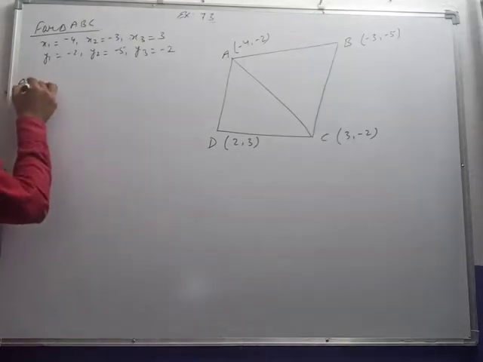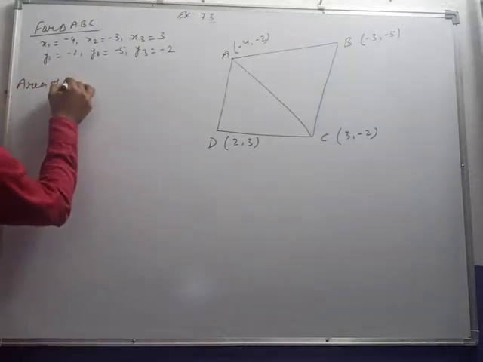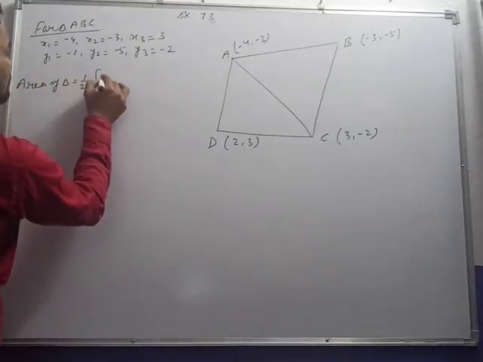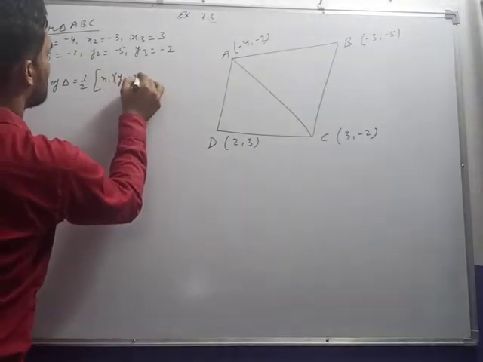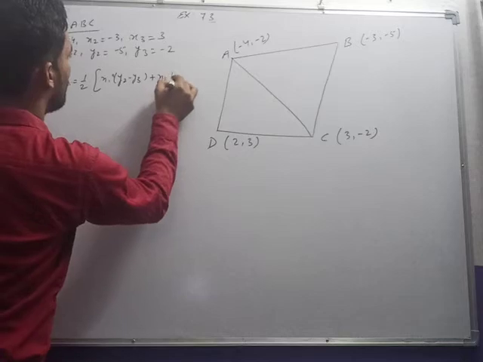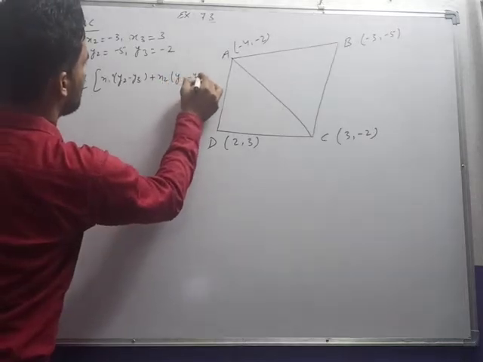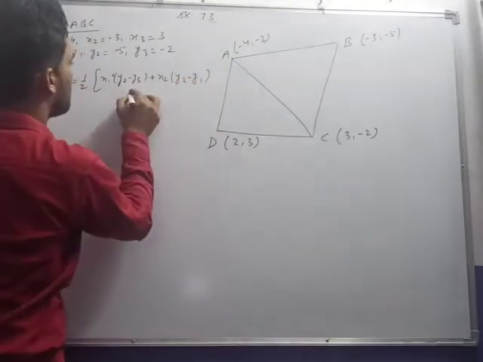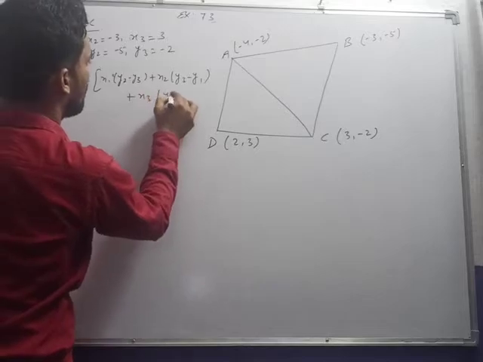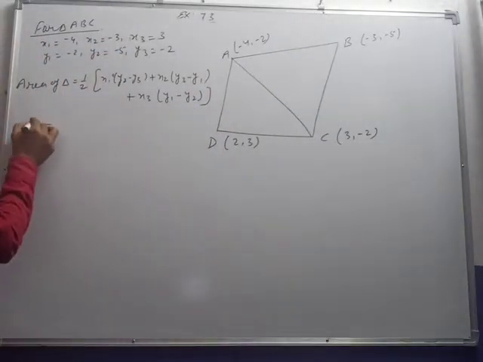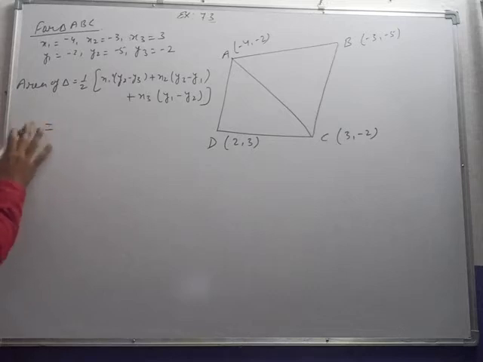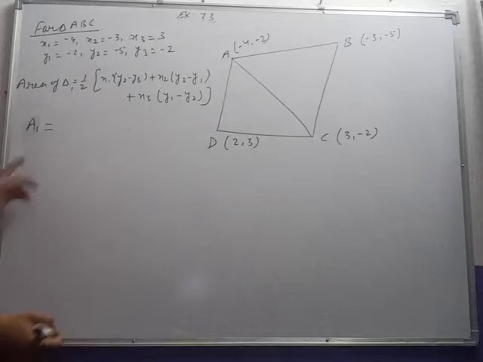So the area of the triangle is 1 by 2 times x1 (y2 minus y3) plus x2 (y3 minus y1) plus x3 (y1 minus y2). We need to put in the values. I am writing this as A1, triangle 1.